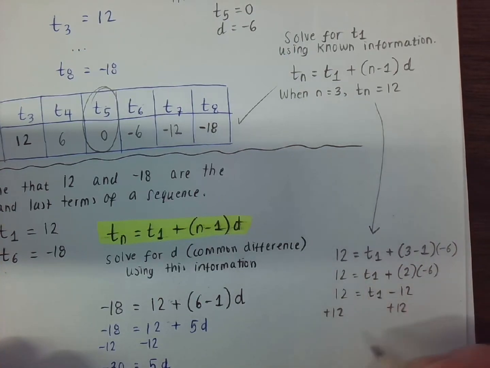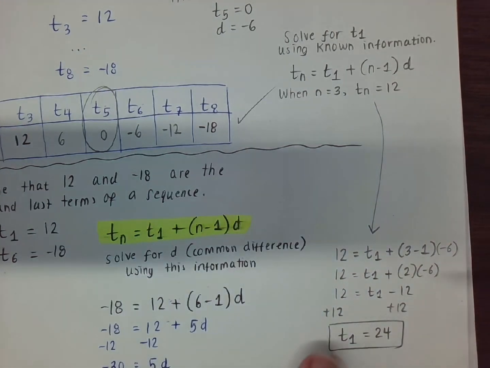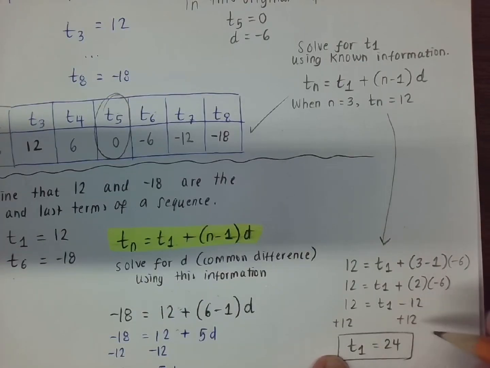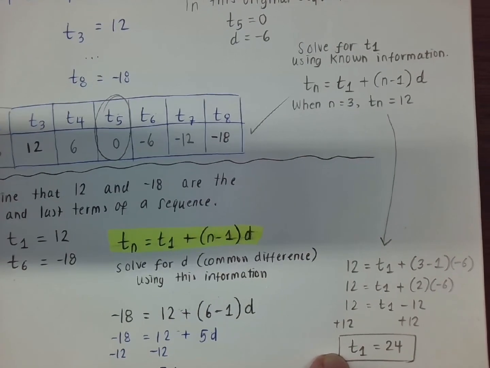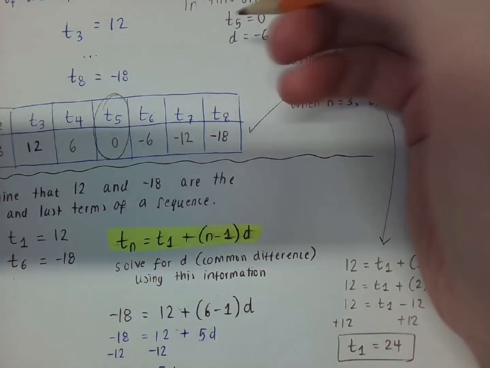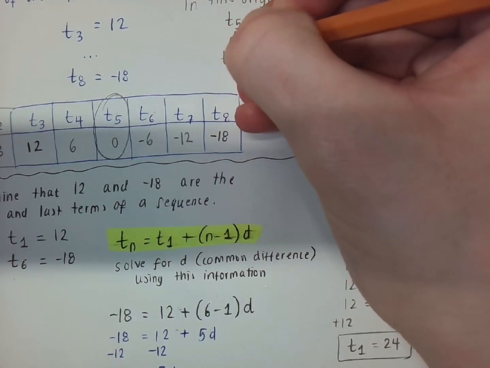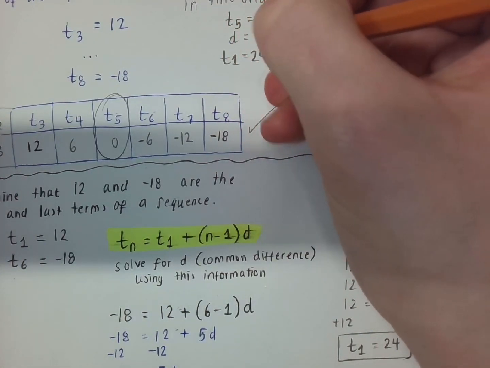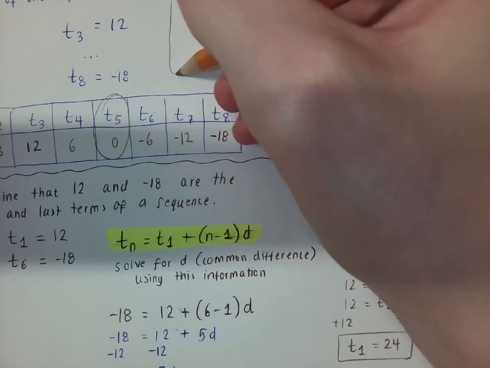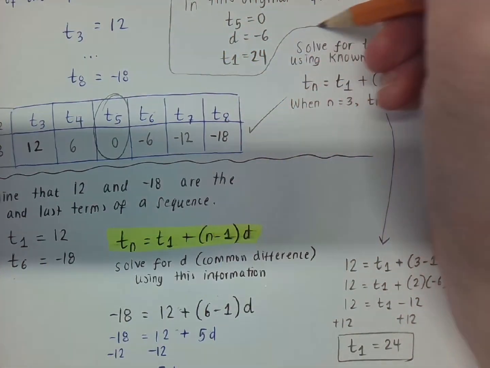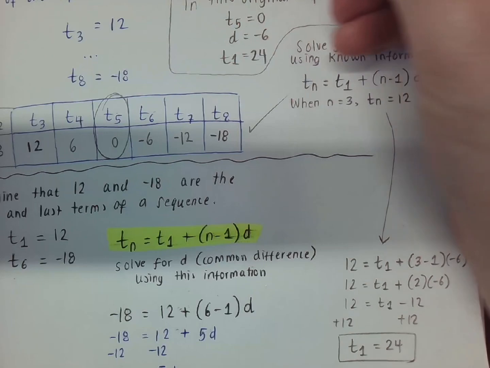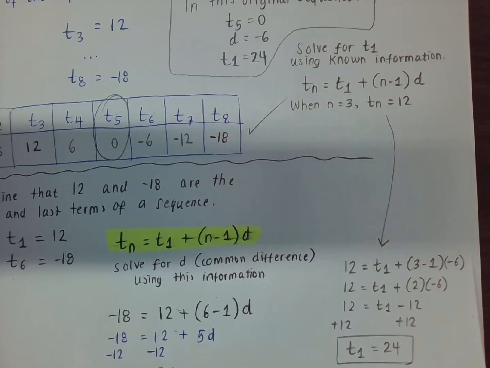T1 equals 24. So for the original sequence, we have this information which we found out by doing some of these calculations.